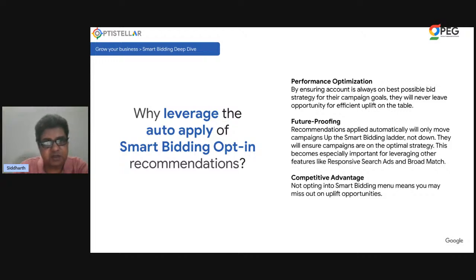That is where it will be able to optimize you. At the same time, it will future proof you, because these recommendations applied automatically will only move you up the smart bidding ladder.